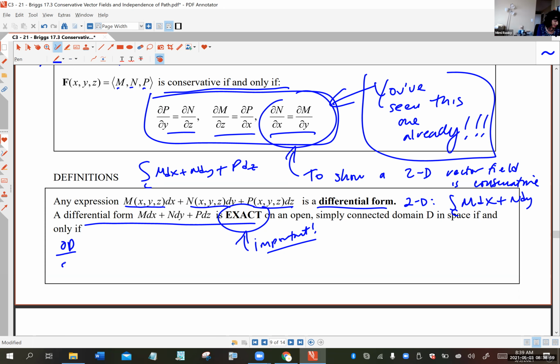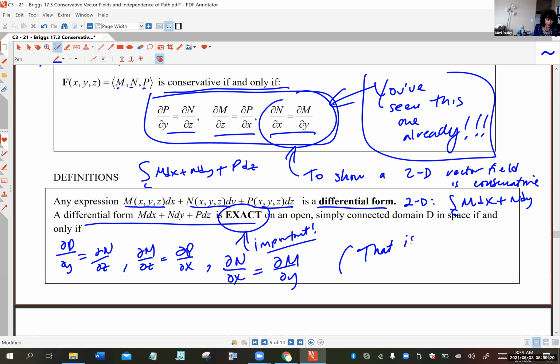When dP/dy equals dN/dz and dM/dz is equal to dP/dx and dN/dx is equal to dM/dy. All three of those have to be true. In other words, it's when your vector field is conservative. So that's when you have something called an exact differential form.